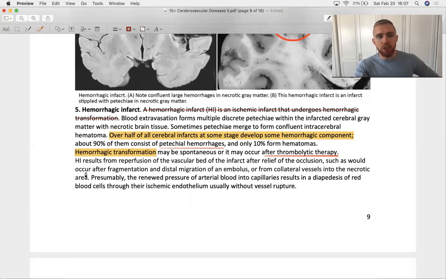Hemorrhagic transformation results from reperfusion of the vascular bed of the infarct after relief of the occlusion, such as would occur after fragmentation of an embolus or from collateral vessels into the necrotic area.